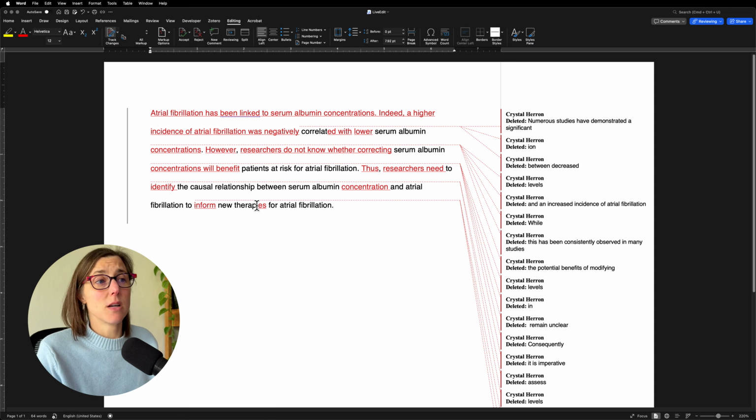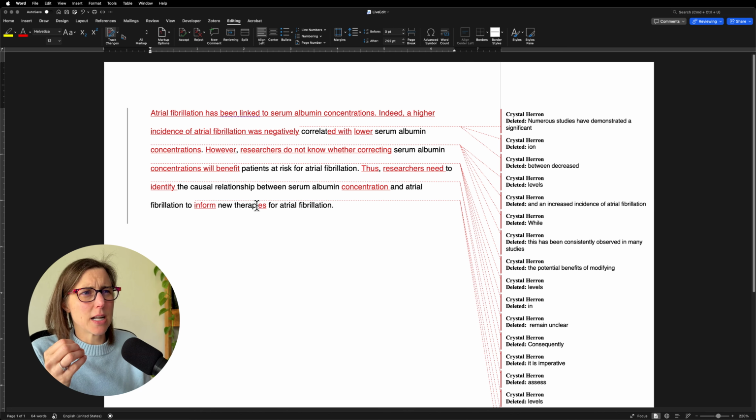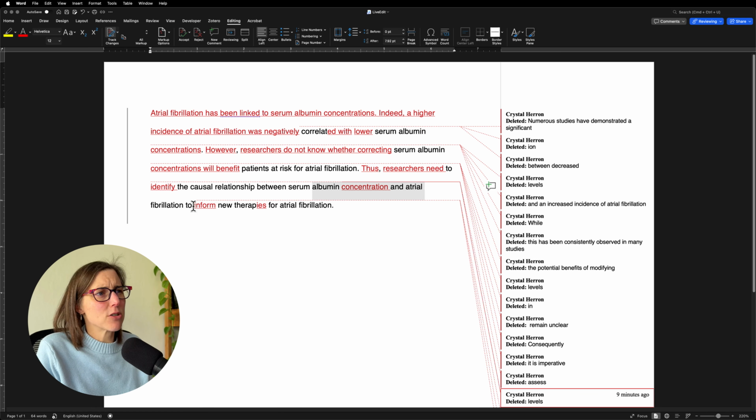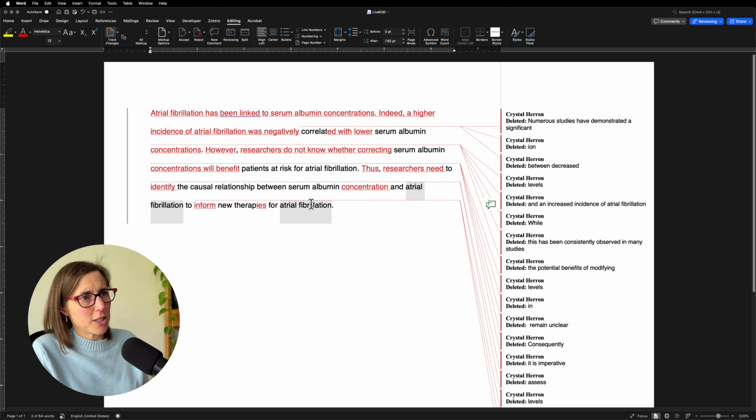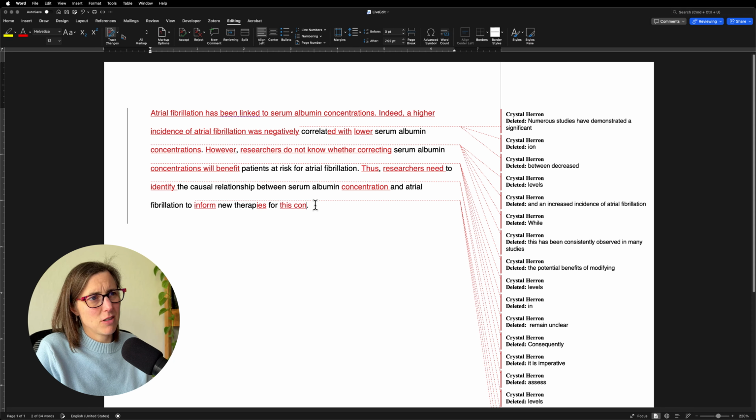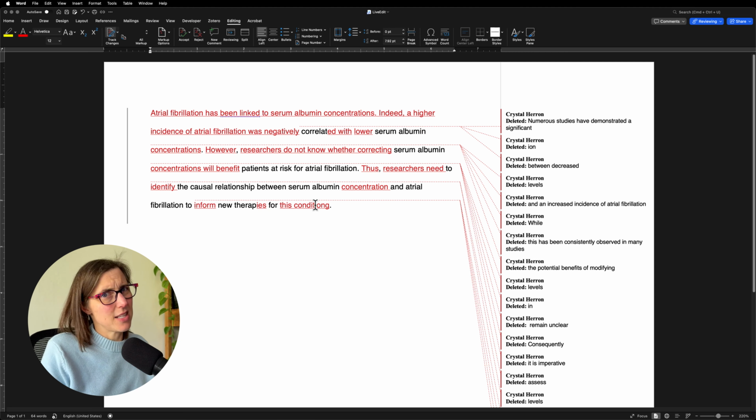So one other thing that we could consider: here we have "atrial fibrillation," and then we have "atrial fibrillation" again here. And so I might change one of these to "this condition" just to remove the repetitiveness within the sentence.